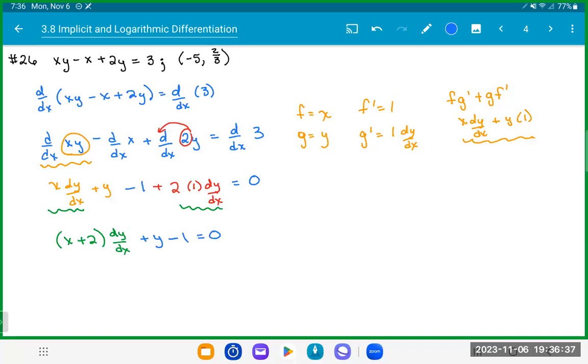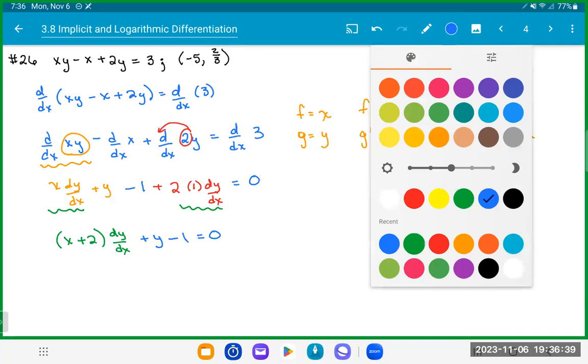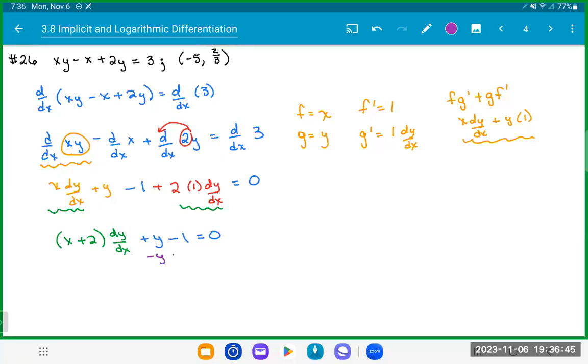Remember, we need to isolate. So let's move minus y plus 1 to the other side. That will give us (x plus 2) dy/dx equals negative y plus 1.